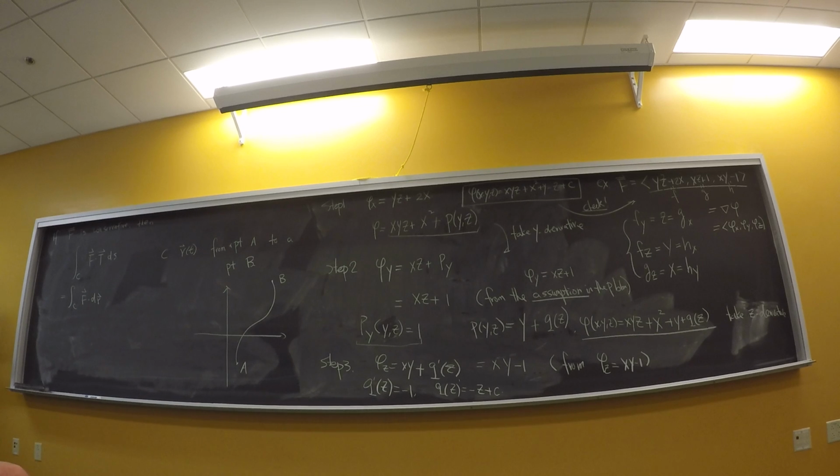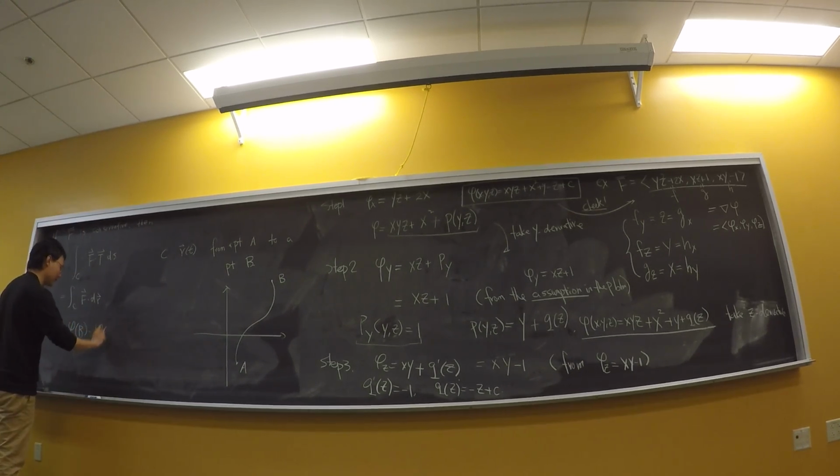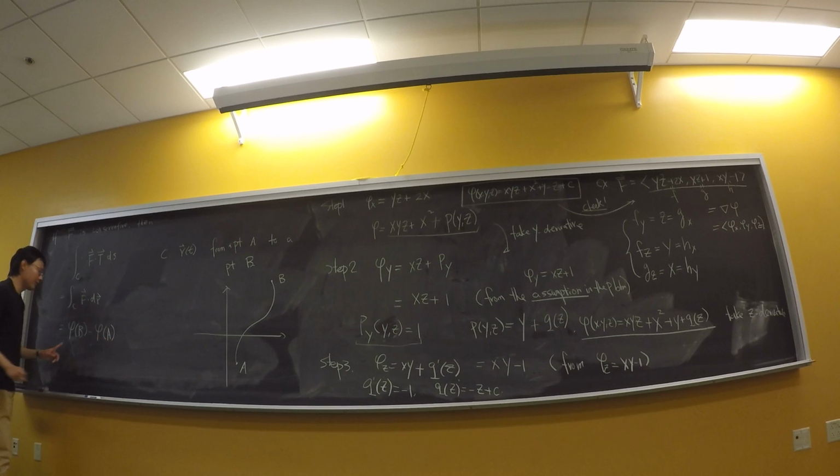Okay? So now here is the important part. If this vector field is conservative, then this line integral is nothing but the difference between the function values of its potential function. So here, phi is the potential function.